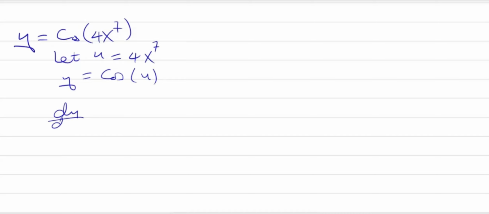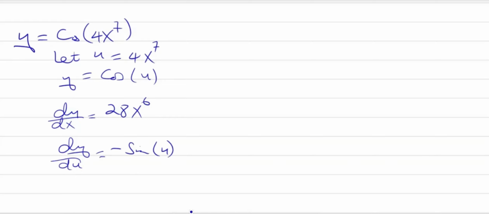My du over dx is 28x to the power of 6, dy over du is negative sine u, and my dy over dx should be negative 28x to the power of 6 sine u.